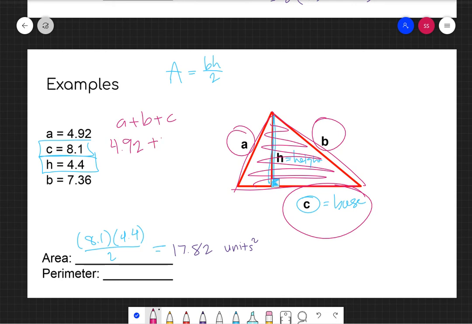We know that B is 7.36. And we know that C is 8.1. So if we were to add all of those together, 4.92 plus 7.36 plus 8.1, we would get a grand total of 20.38 units.